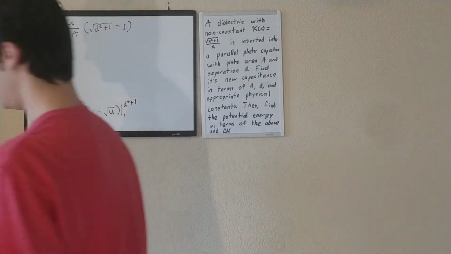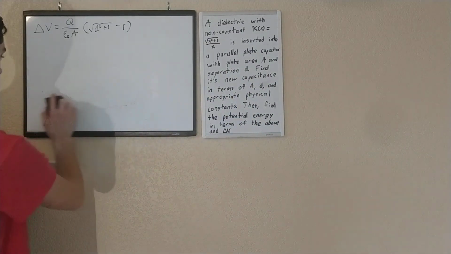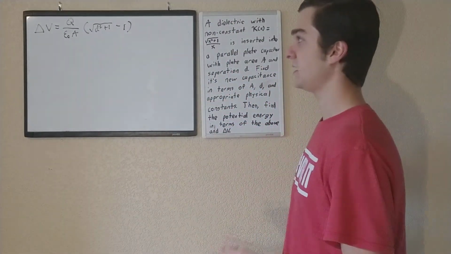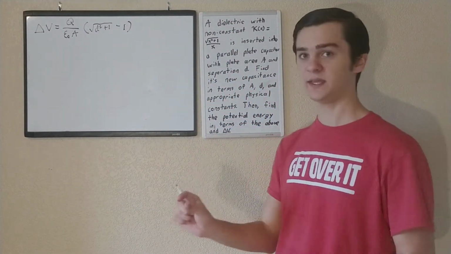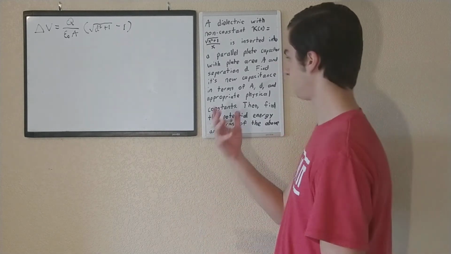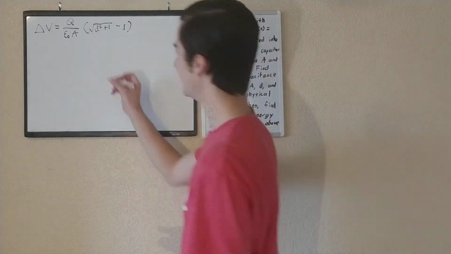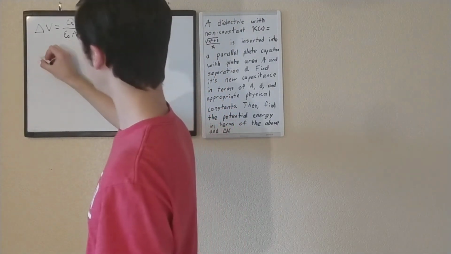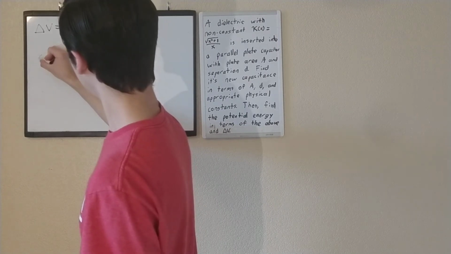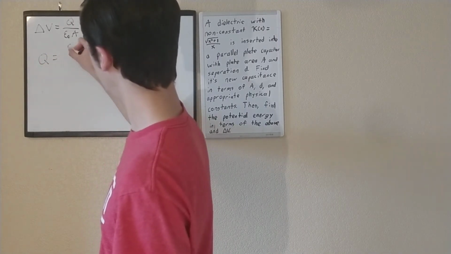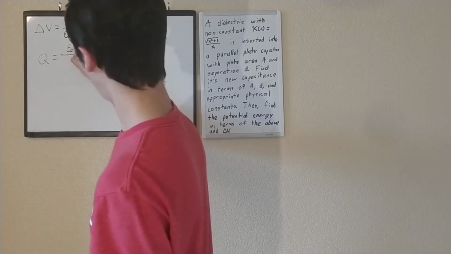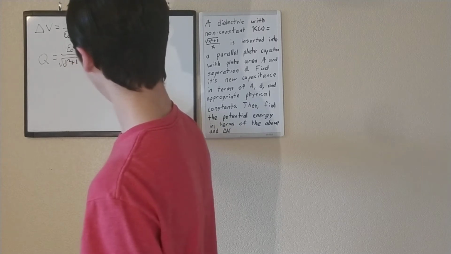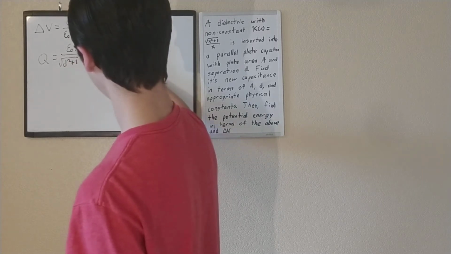Now, we're almost done. All that's remaining to do is take this function and solve for q. And then the remaining proportionality constant that we have in front of V is going to be our capacitance. So if we multiply over, we get q equals epsilon naught A all over the square root of d squared plus 1 minus 1 times the change in voltage.